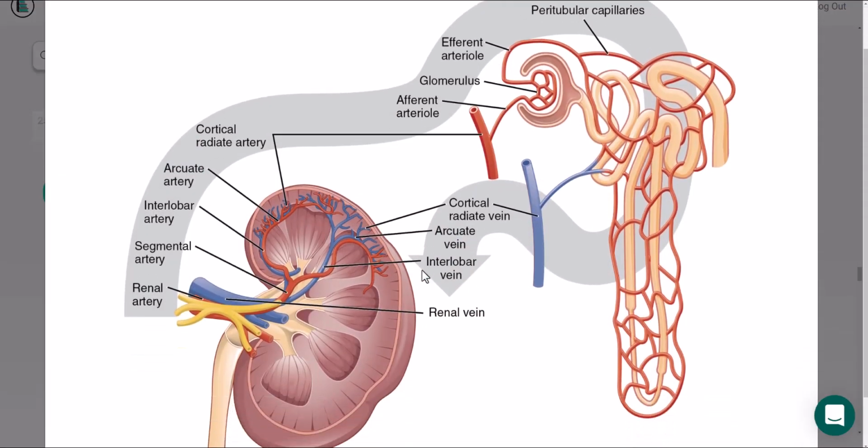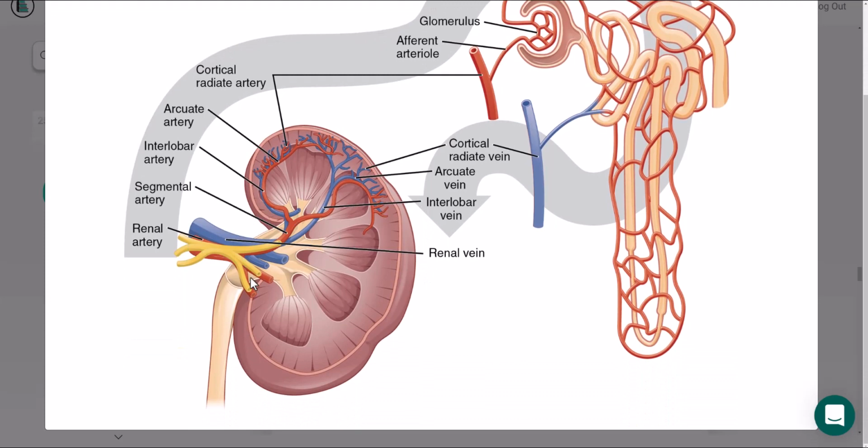Zoom into this, and again, here is the hilum of the kidney, and we see now a lot more going in and out. We see some nerve endings going in. There's the renal artery coming in, the renal vein going out. This diagram is not showing any lymphatics, but there's a couple lymphatics in here as well. So as the renal artery brings blood into the kidney, it's going to go into the segmental artery.